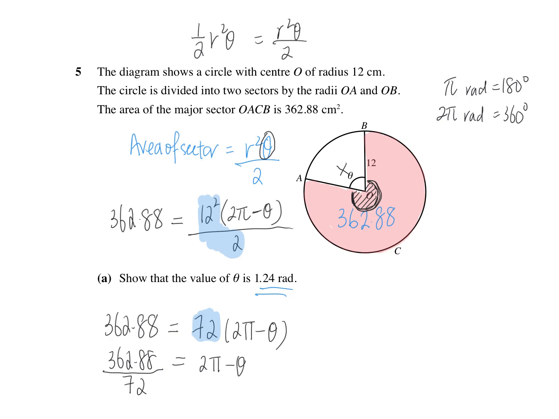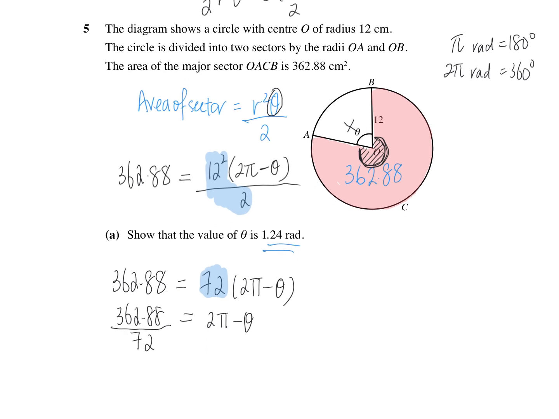I never touch it at all. It's still there. Only if you want to expand in, but I don't want to expand in, so I leave it there first. Okay? So I divide by the 72 now. Now I'm only left with this one. 2 pi minus theta. So I go and calculate 32.88 divided by 72. I get this number, 5.04.